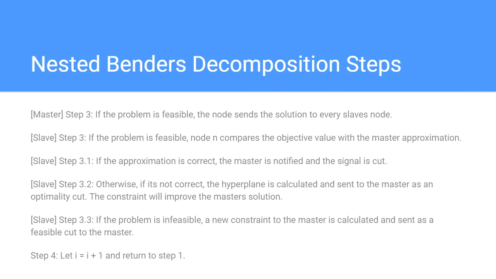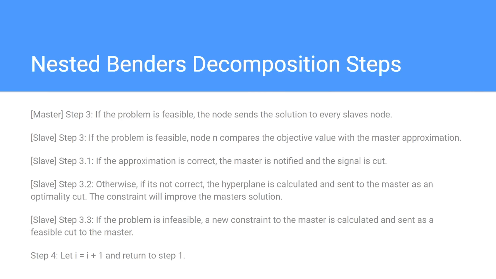Once the comparison happens, one of 3 scenarios happens at the slave node. At step 3.1, if the approximation is correct, the master node is notified and the signal is cut. At step 3.2, otherwise, if not correct, the hyperplane is calculated and sent to the master as an optimality cut. The constraint will improve the master's solution.